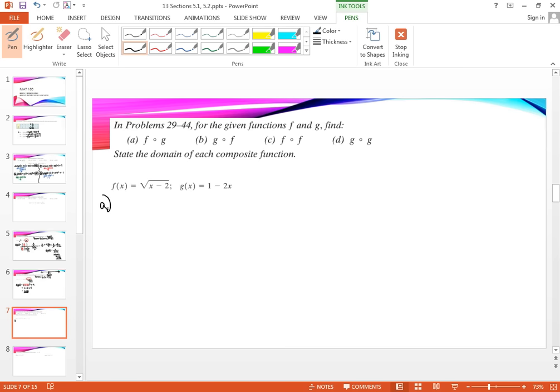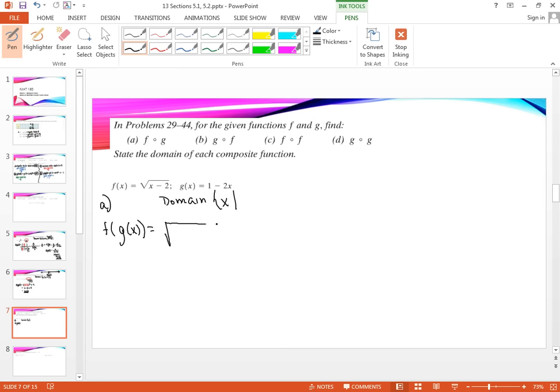So f circle g, the domain of g, well, that's a cute little line, right? That's a linear function. Its domain is all real numbers. So from g, we're cool. We can use anything. So let's go ahead and do our composite and see if we have to restrict anything further.